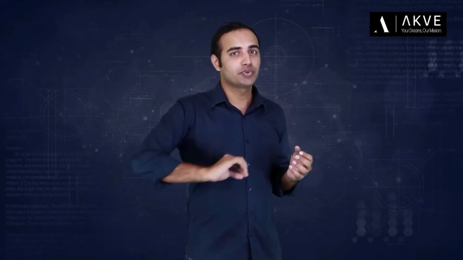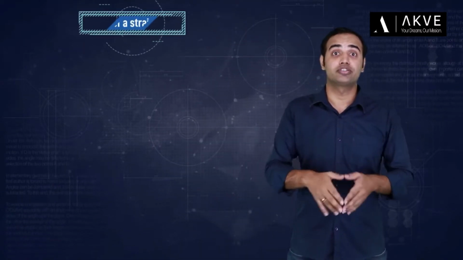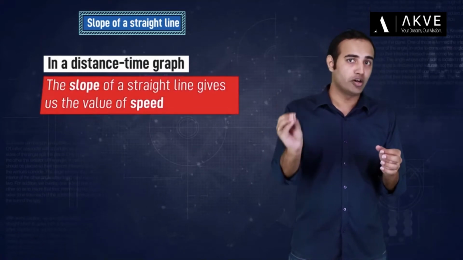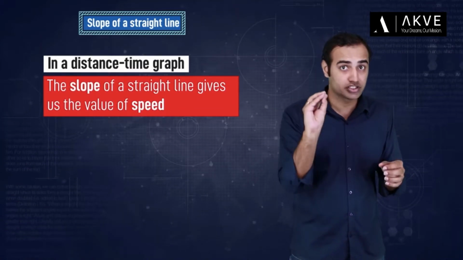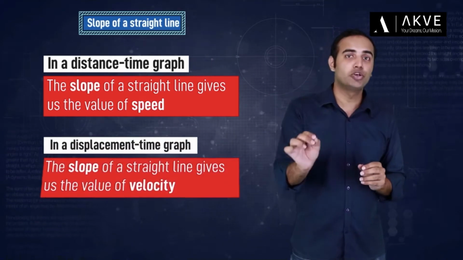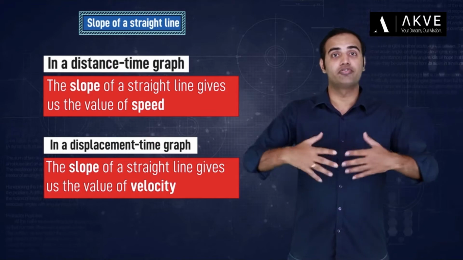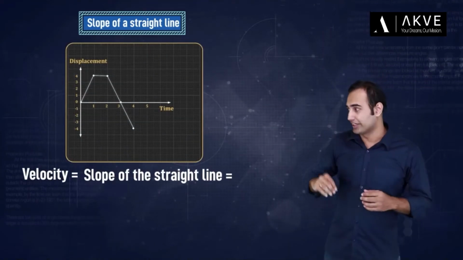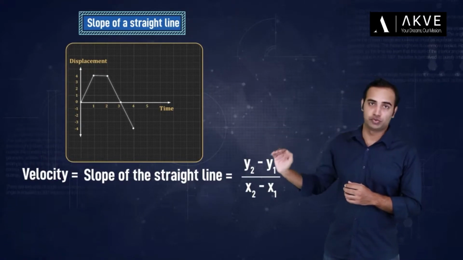Now, in the last video, you remember that we talked about the concept of slope of a straight line. In a distance time graph, the slope of a straight line gives us the value of speed. In the same fashion, in a displacement time graph, the slope of a straight line gives us the value of velocity. So you already know that the formula for slope of a straight line is y2 minus y1 divided by x2 minus x1.